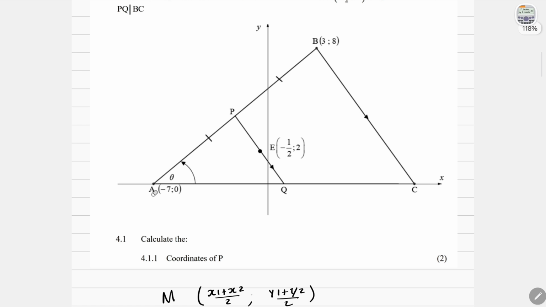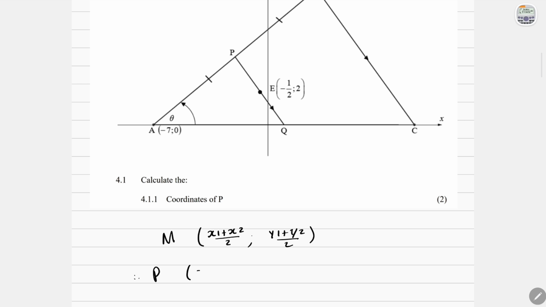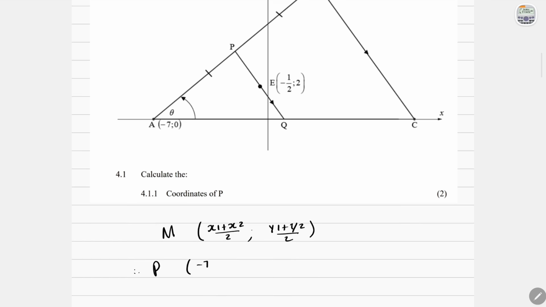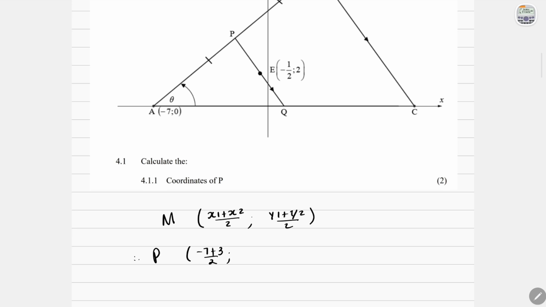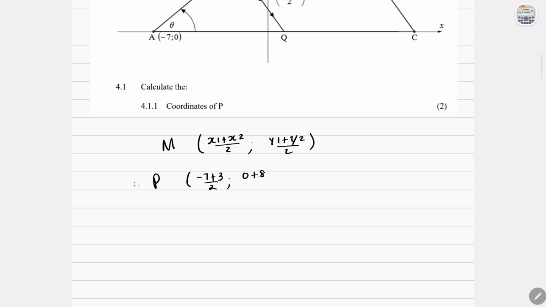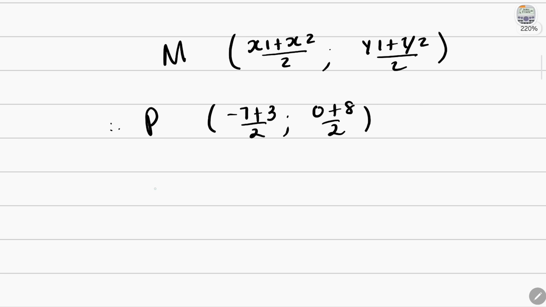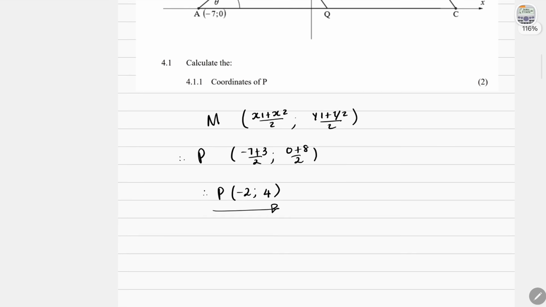So the endpoints are A and B. So A can be negative 7, that x value, plus 3 over 2, and then 0 plus 8 over 2. And just simplify. So P is finally, that is going to give us negative 4 divided by 2 is negative 2. 8 divided by 2 is 4. And that is our answer, negative 2 and 4.